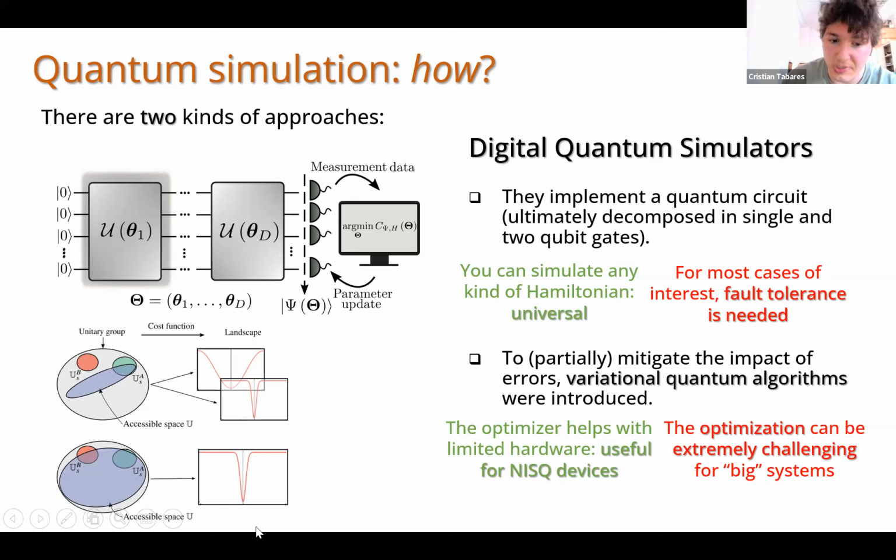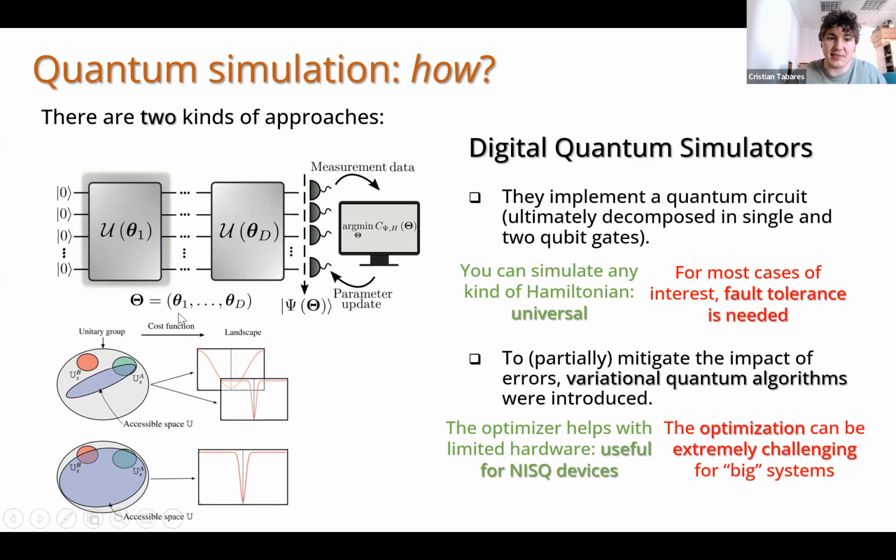You can find its minimum, but it's in general very flat. That means that when you want to calculate the gradients to minimize the cost function, you will find gradients that vanish exponentially with the size of the system. So you need an exponential number of measurements, and hence you cannot obtain any type of quantum advantage with this idea.